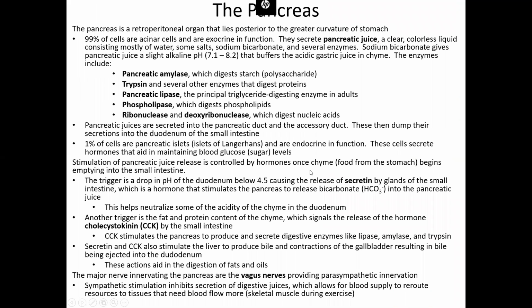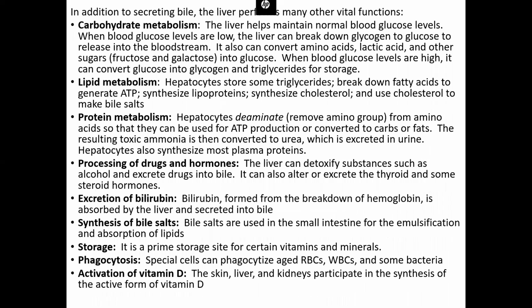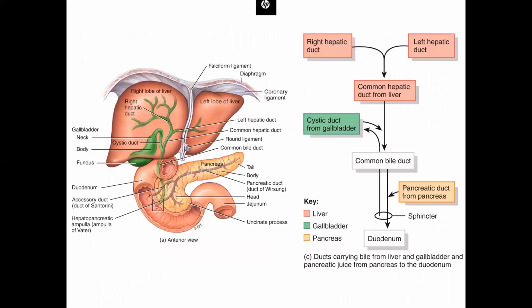Okay, what we're going to do now for the next 3 or 4 slides is take a detour away from the tract. We're going to move into 3 accessory organs: the pancreas, then the liver, then the gallbladder. I talk about those before we move into the small intestine, because the pancreas produces a bunch of chemicals, a fluid we call pancreatic juice.